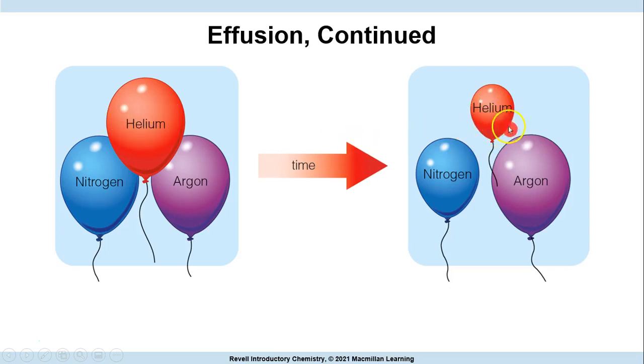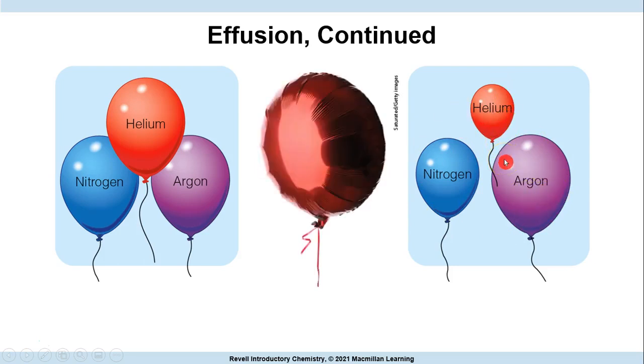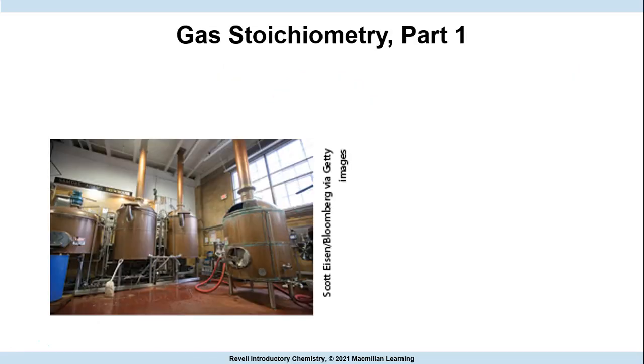Helium is the lightest gas, so the effusion rate will be very fast, and the balloon will reduce. Argon is the heaviest of them all, which means that even with time, the effusion rate will be very slow. Nitrogen will effuse faster than argon, and helium will be the fastest because it's the smallest, the lightest.